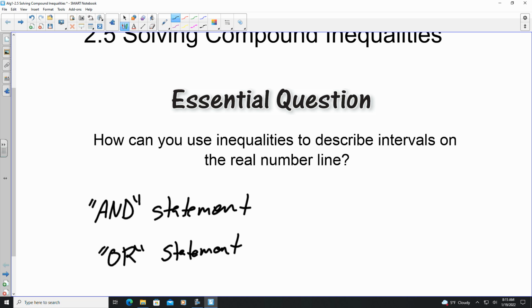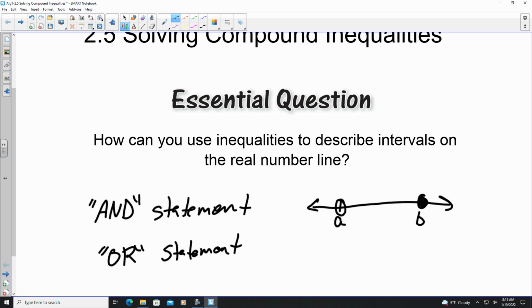So if you look at a graph of an and statement, what we're going to have here is two values. I'm just going to call them A and B for this particular instance. Now, depending on if it's greater than or less than or greater than or equal to or less than or equal to is going to depend on if the value gets shaded or not.